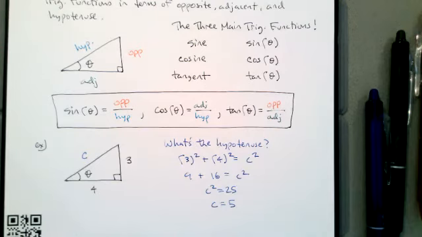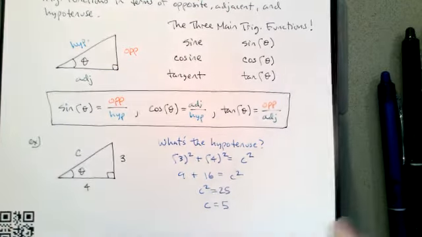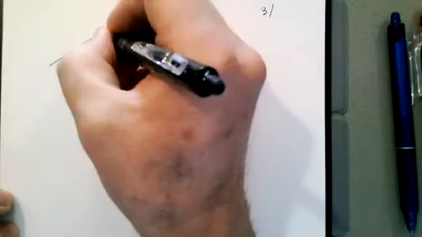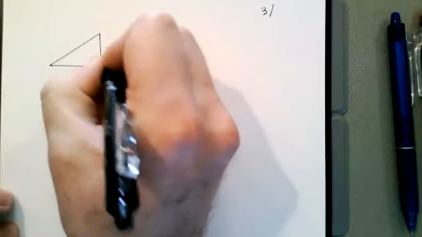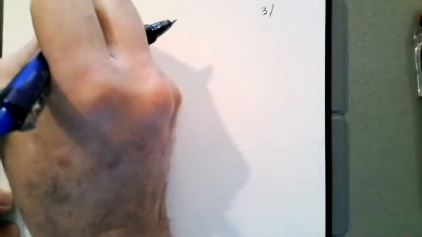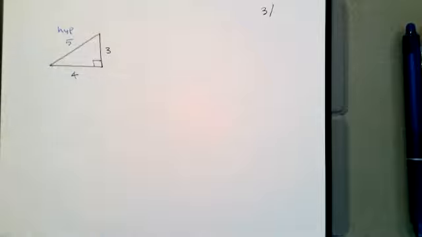I had two of the sides, and it's a right triangle. The Pythagorean theorem gives us a relationship between the sides of a right triangle. So now that we've got the hypotenuse, we've got 4 pieces of information about this triangle. We have an abundance of information now. So now we're looking at a 3, 4, 5 triangle. And I think I labeled the angle on the bottom, yep, as theta.